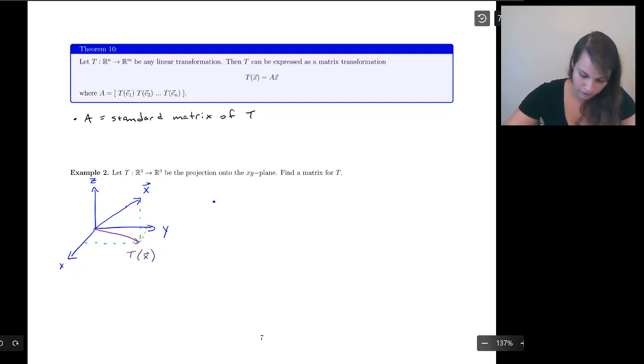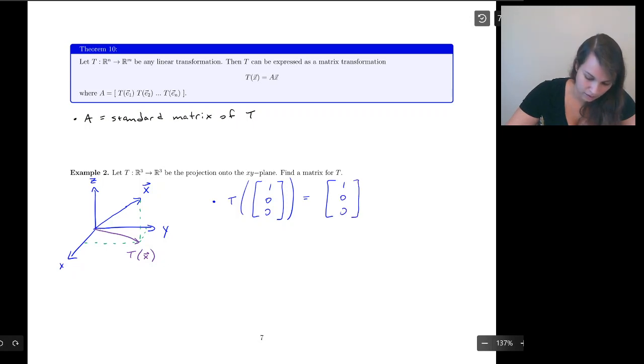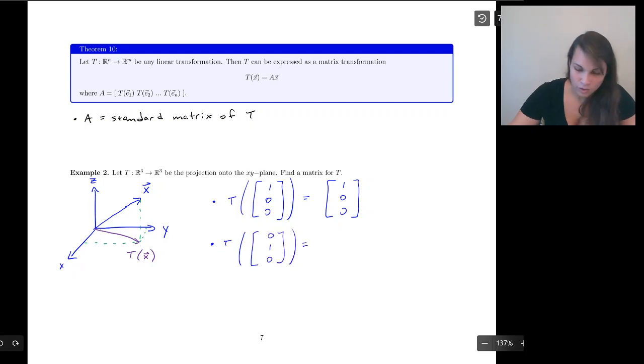So that means we can write it this way. If we have 1, 0, 0, 1 would be the x component. We don't want it to change, so we will do exactly that. It does not change. What about the y component? What happens there? Y doesn't change either. The only thing we're going to change is z.